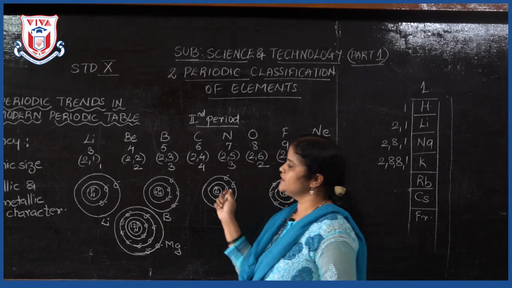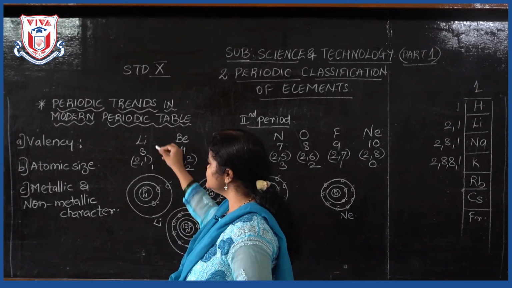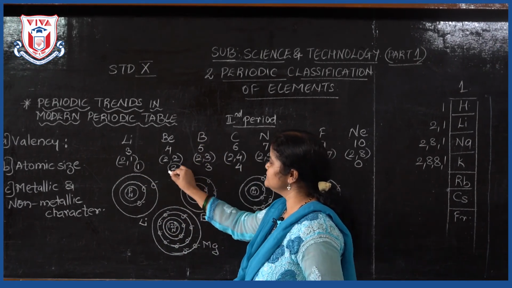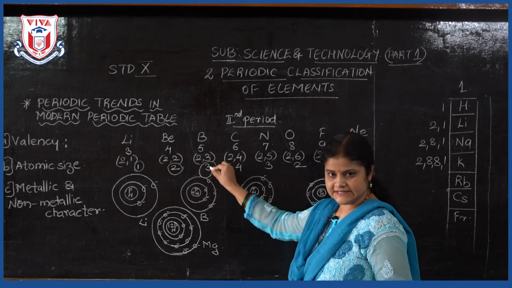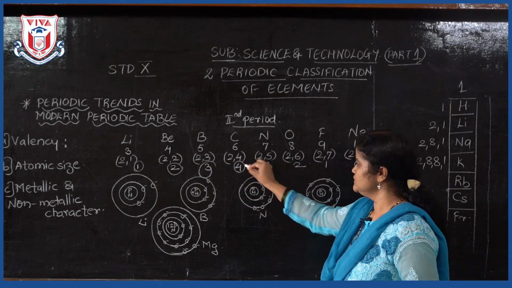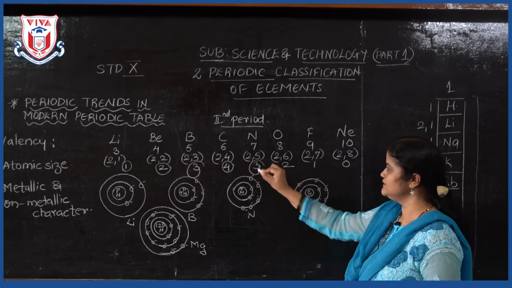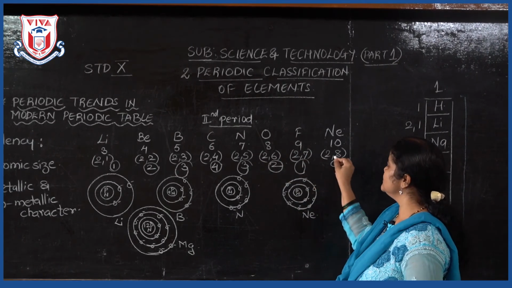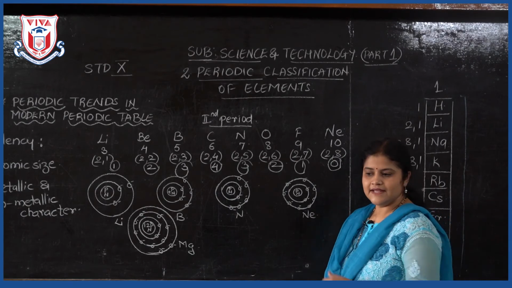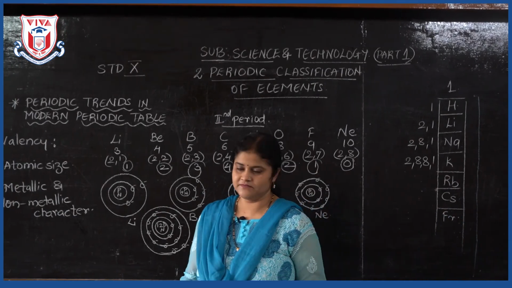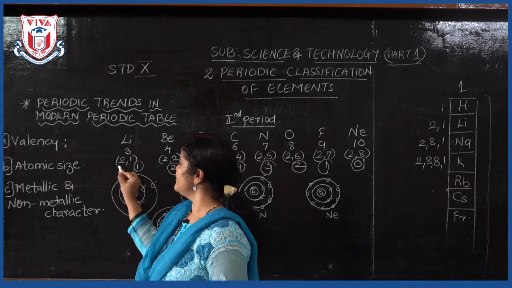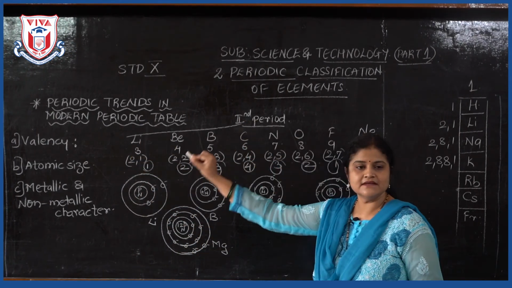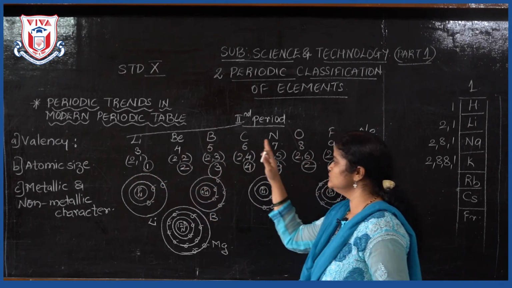Okay, so according to the definition, valency of lithium is 1, then valency of beryllium is 2, boron is 3, carbon is 4, nitrogen is 3 again, oxygen is 2, fluorine is 1, and neon is 0. That means the conclusion we can make from this is that the valency of the elements from lithium to carbon increases from 1 to 4.